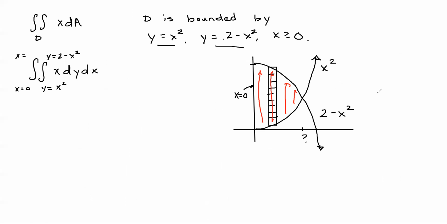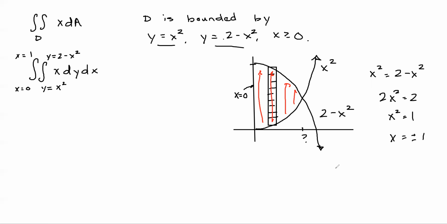To figure out where functions intersect, you set them equal. So x squared equals 2 minus x squared, which gives 2x squared equals 2, then x squared equals 1. So they intersect at plus or minus 1. We don't care about the negative 1 over here. 1 is the one we care about.